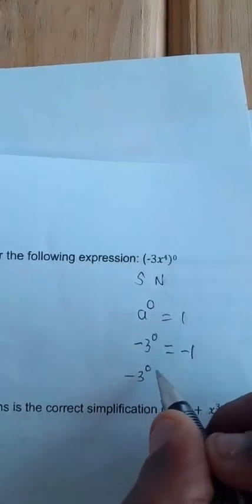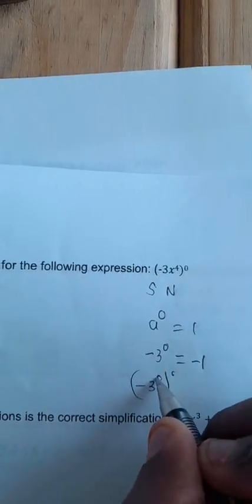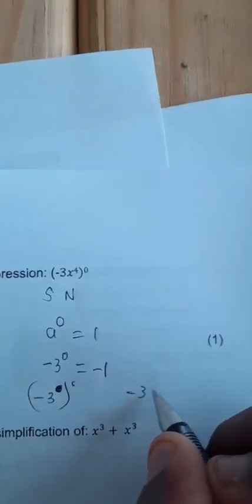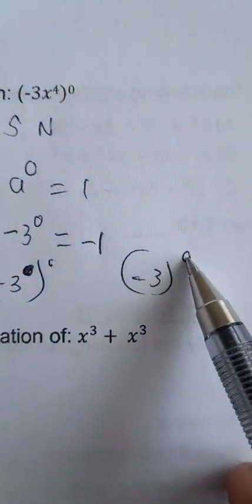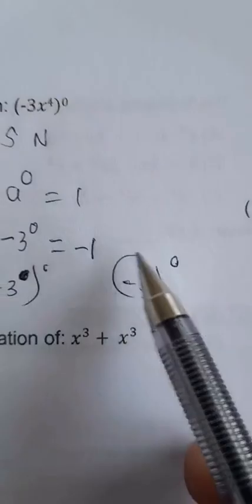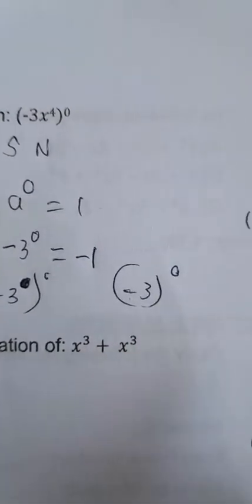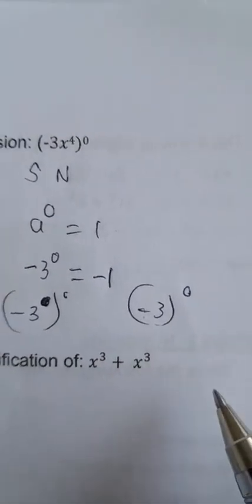Let's look at this. What's minus 3? Let me just rewrite this. What's minus 3 to the power 0 inside the bracket? Minus 3, everything to the power 0, is equal to what? So Albert says 1, SM says 1, Deity says 1.